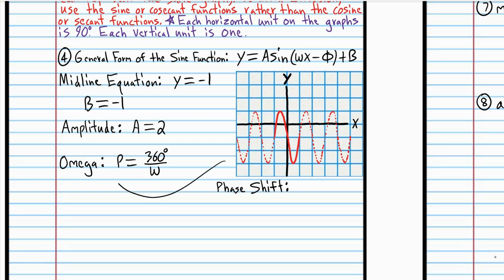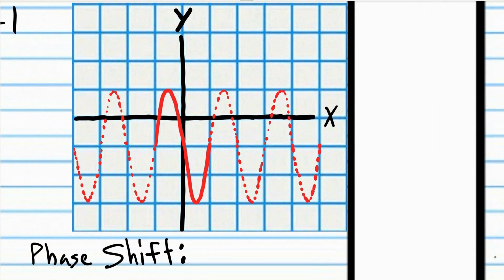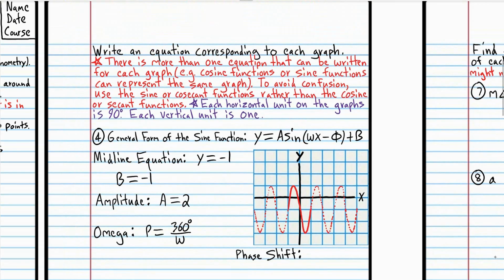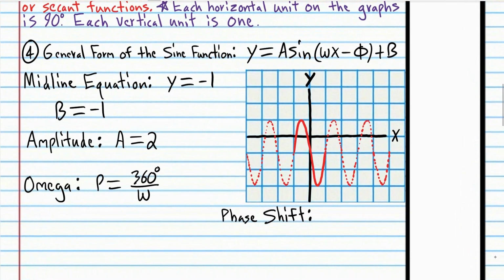So now what we need to do is find the period, and we can do that just by looking at the graph. We see here that we have 1, 2 boxes, and each box, we're told in the directions, represents 90 degrees. And each vertical unit represents one unit in the vertical direction.